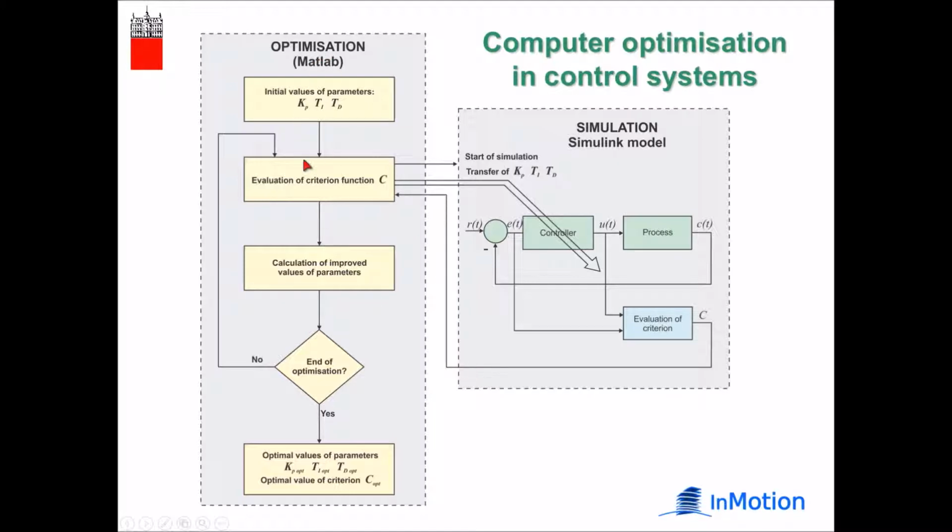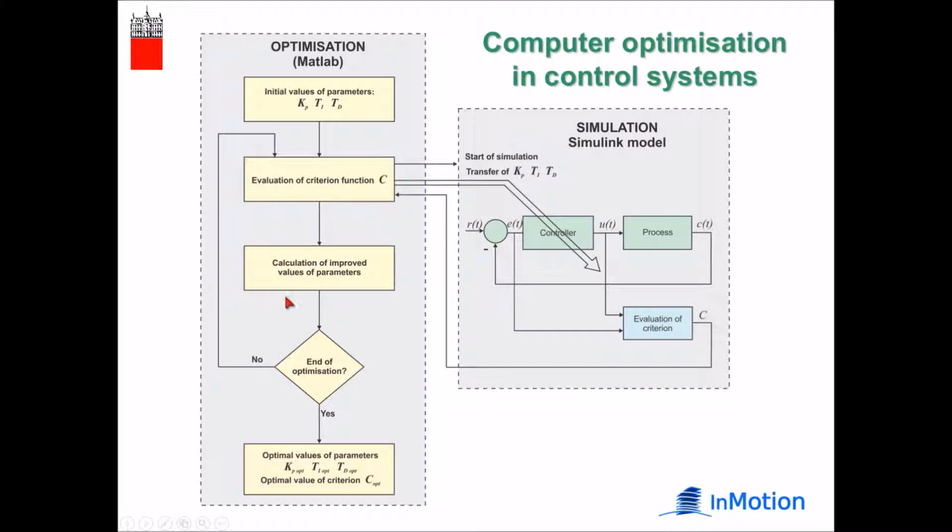But the main program is just the same as before. At the beginning, we define initial values of parameters, then we evaluate the criterion function by calling a MATLAB function which starts the simulation.